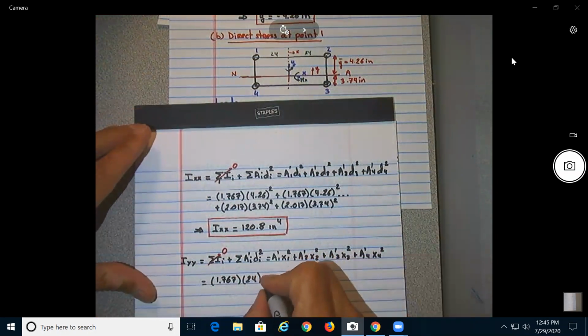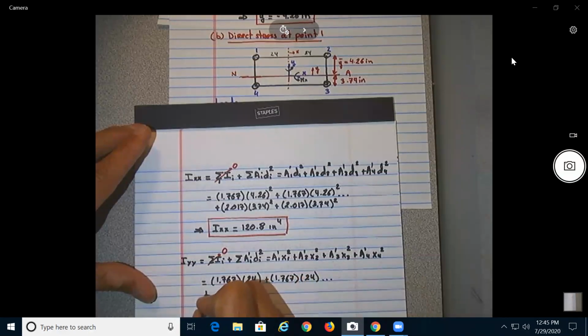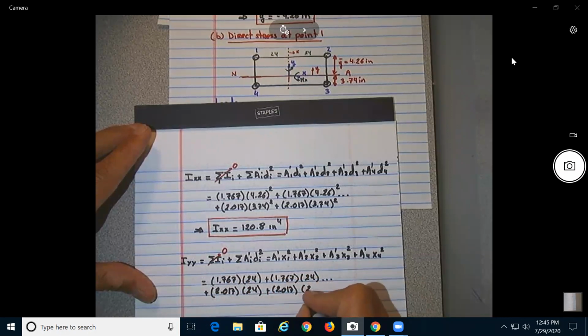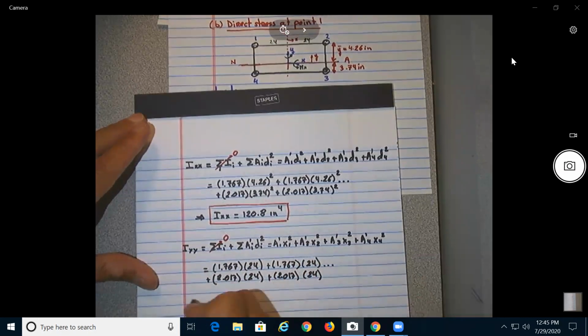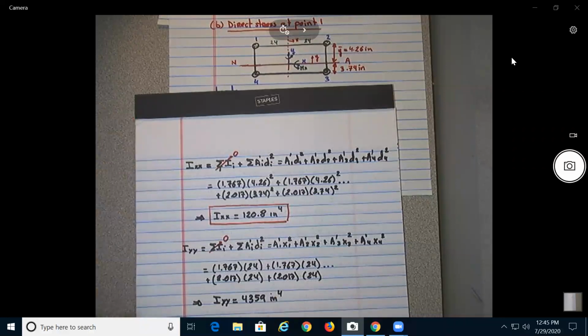So again, plus 1.767 times 24 squared plus 2.017 times 24 squared plus 2.017 times 24 squared. And this is going to give us an Iyy equal to 4,359 inch to the 4th.